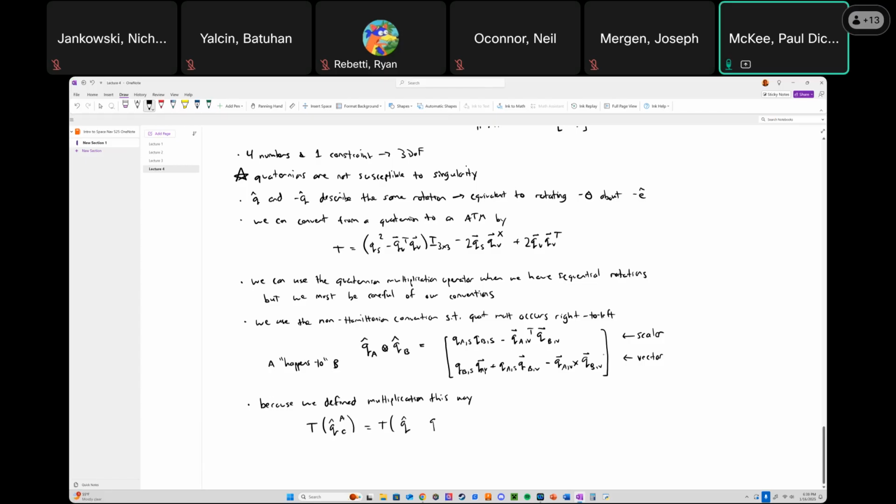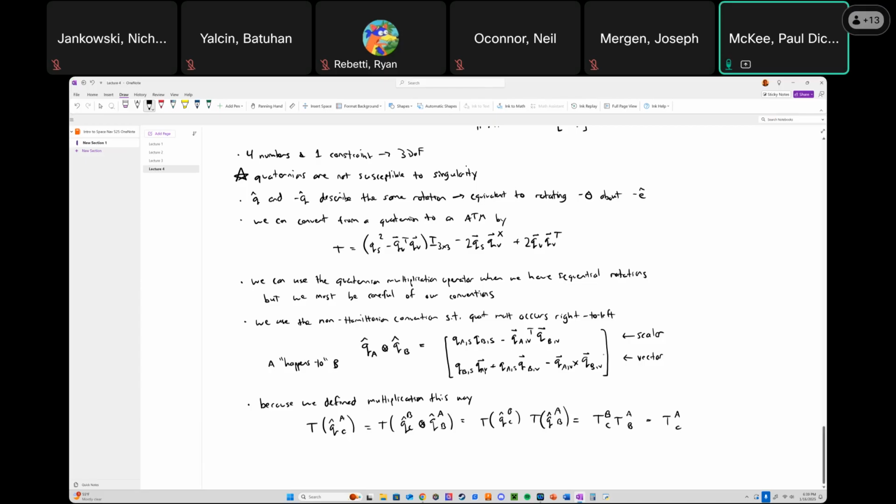Think of it as we've got a quaternion that goes from A to B and then one that goes from B to C. That's the same thing as T of Q B to C multiplied by T of Q A to B, which is the same as T B to C T A to B, which is the same as T A to C. Hopefully that makes sense.